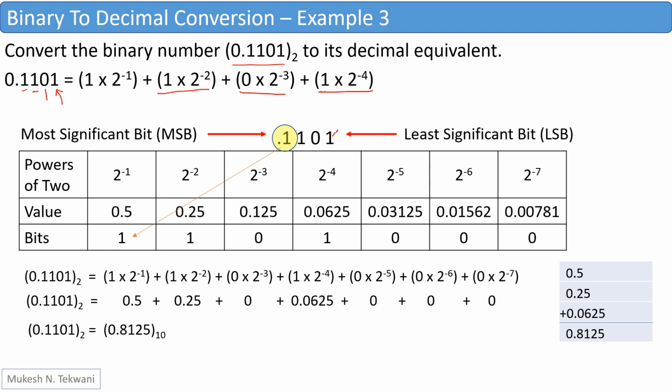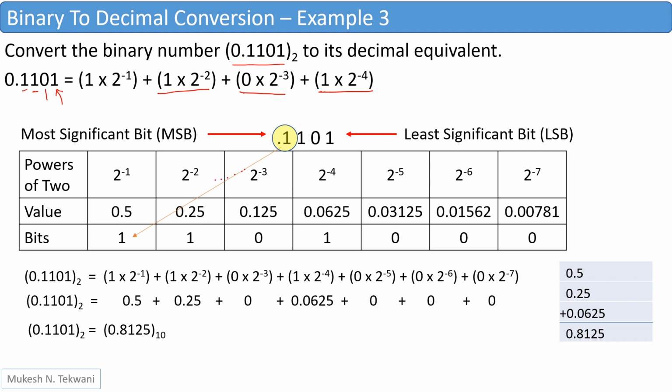And therefore we now again make the table of powers of 2, the value and the bit. Only now the difference is that when we make the powers of 2, as we go from left to right, the powers of 2 keep on decreasing. So we have 2 raised to minus 1, 2 raised to minus 2, 2 raised to minus 3, 2 raised to minus 4, and so on till we have 2 raised to minus 7.